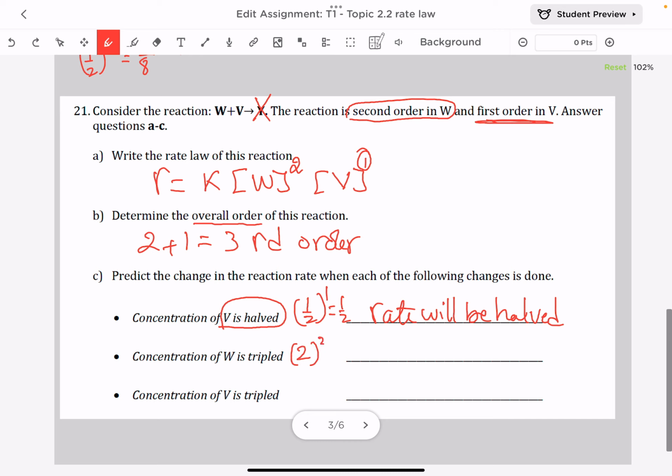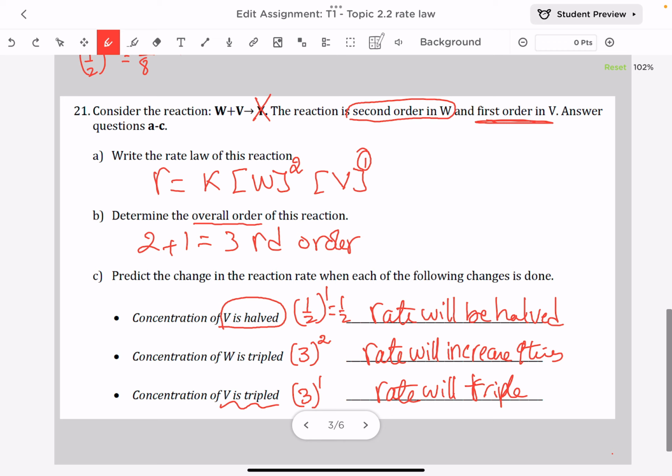Sorry, I did the opposite. If it's tripled, the rate will increase 9 times, because you say 3 to the power of second order, so it will increase 9 times. If V is tripled, V is first order, the rate will triple.